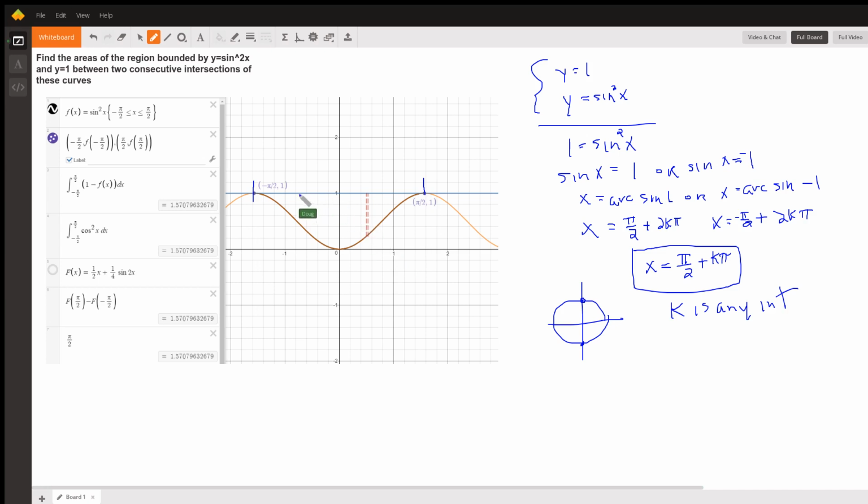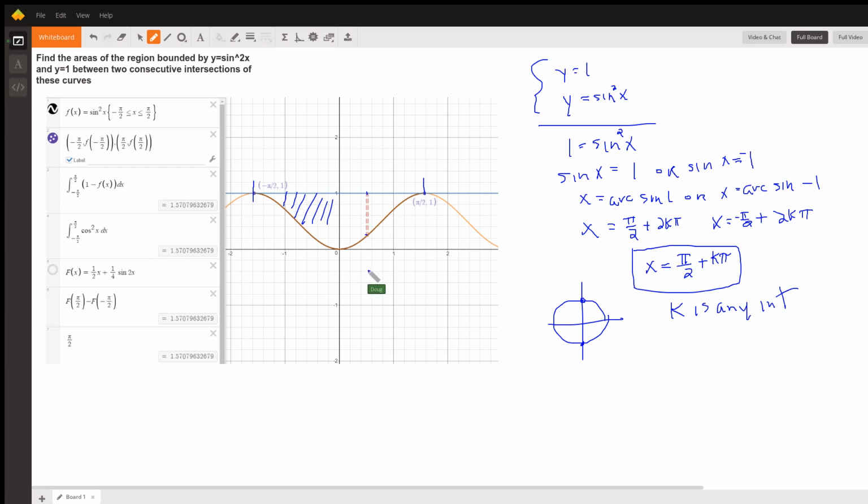Now, how do we get the area between these two graphs along that interval? Well, it's the area between two curves. This is a typical rectangle right here. It's top minus bottom.